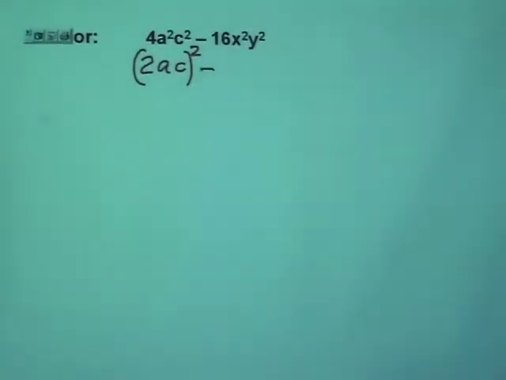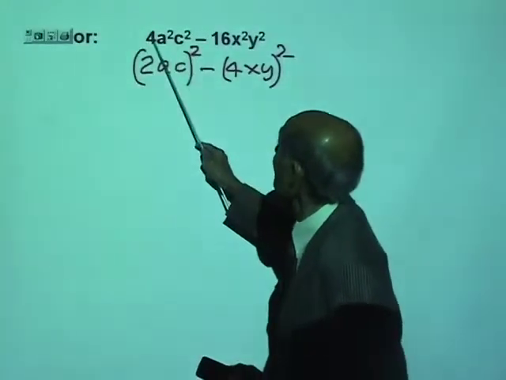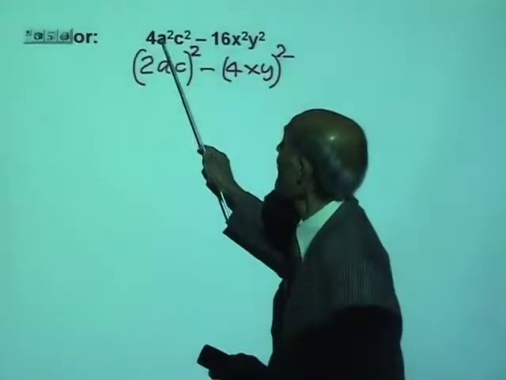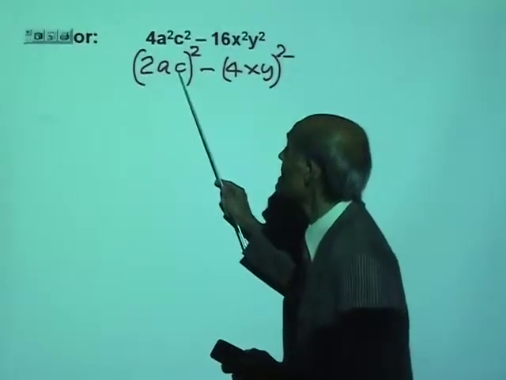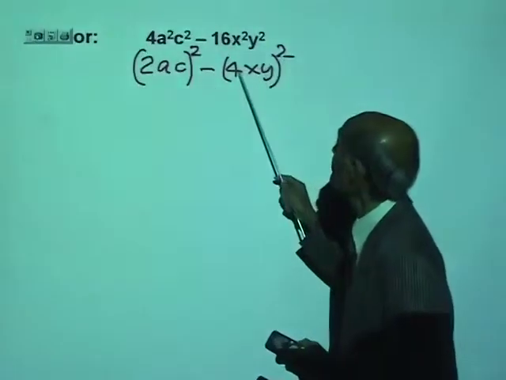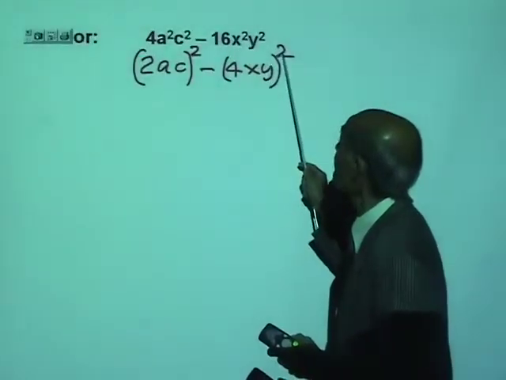Minus 16x squared y squared can be written as 4xy all squared. Now, if you look at this, 2 squared is 4, a squared, c squared. So 4a squared c squared is the quantity 2ac all raised to the power of 2 minus, if you look at this, 4 squared is 16, x squared, y squared.